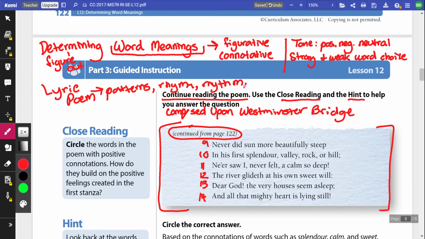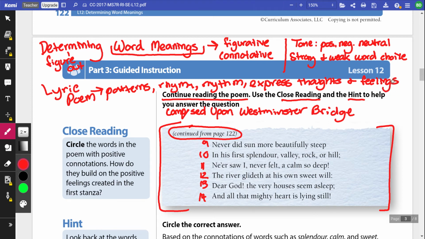And if you also remember me telling you yesterday, lyric poems usually express the thoughts and feelings of the poet through the narrator. So I'm going to make myself a note of that too, that they express the thoughts and feelings.